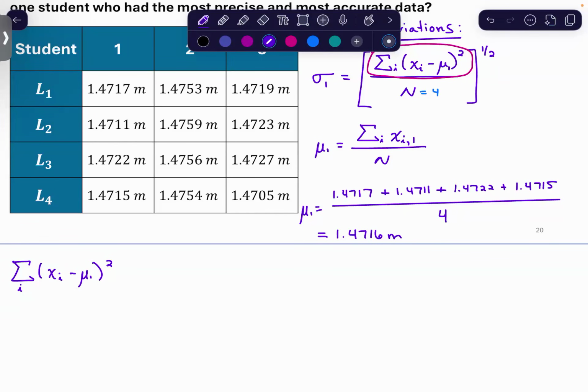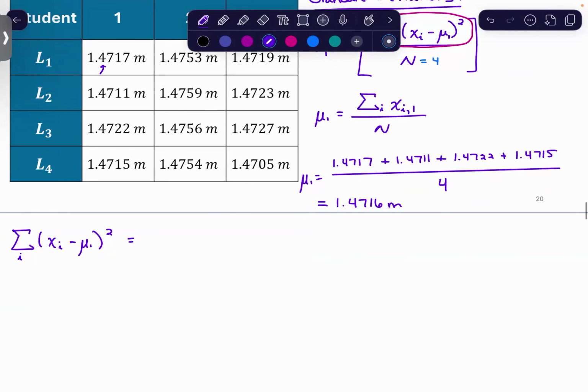Again, each x sub i is going to be each one of these values. Now I can't distribute the sum this time because of the square over the top of that. If you wanted to distribute that, you'd have to FOIL that and get your quadratic equation, and then you could distribute the sum, or we can just leave it the way it is and plug in numbers.